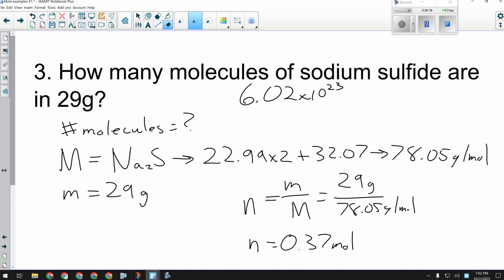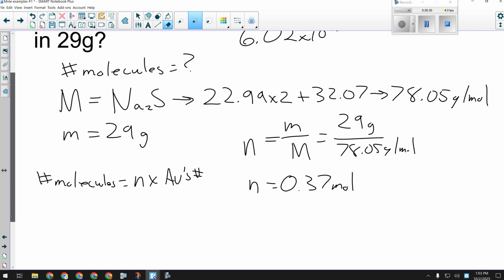Multiply, exactly. Okay, so number of molecules equals n times Avogadro's number. Okay, and then we just put those two together. So 0.37 times 6.02 times 10 to the 23.